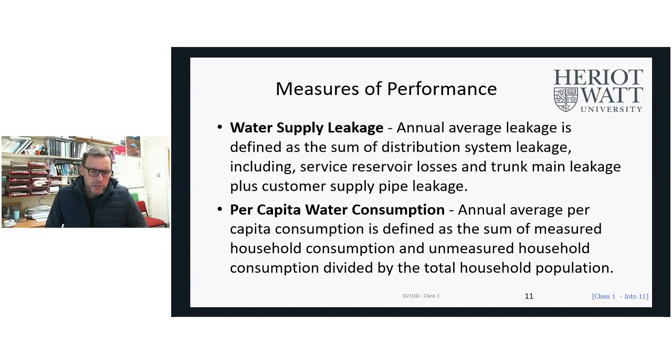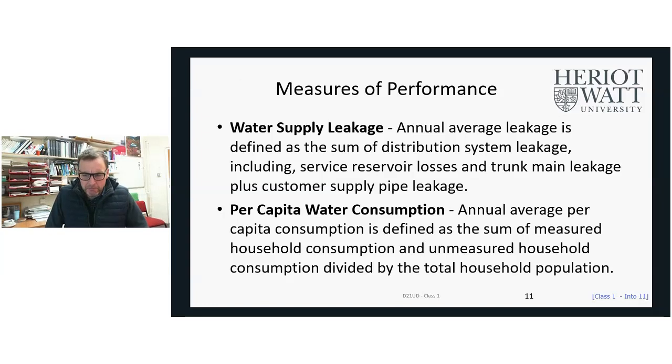In the past, certainly in Glasgow in Scotland, it was always easier to increase supply into the network than to find leaks. They thought, we can either go out and find all these leaks, or we can create a bigger water treatment works and pump even more water into the network, and people still have a supply of water.